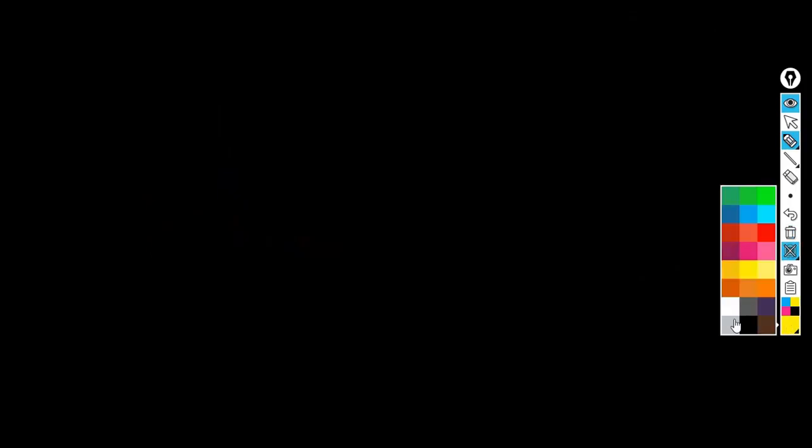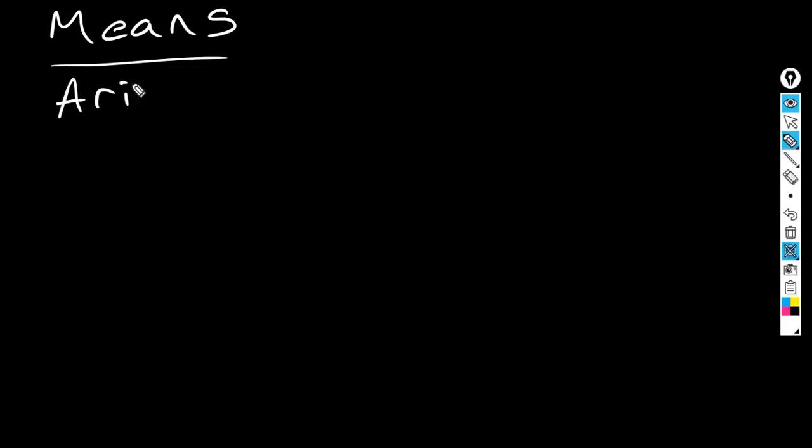One very common type of measure of central location, and the focus of this video, is the mean. Or should I say means? We're going to look at three different types of means.